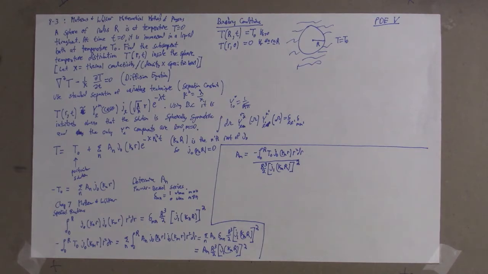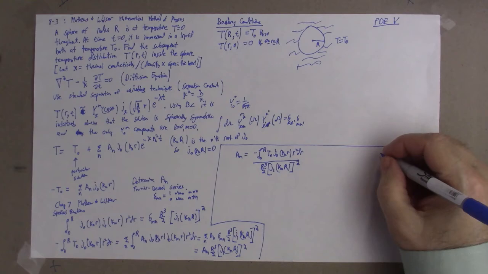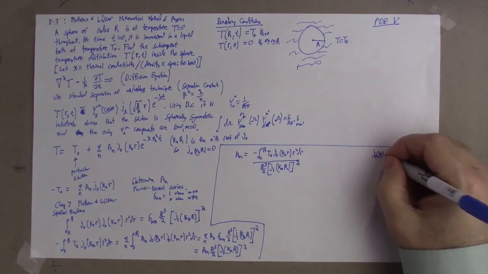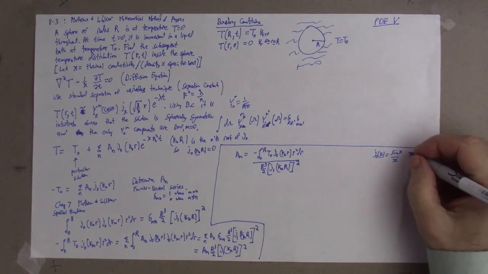Okay, so now we'll use some properties of the Bessel functions, which I alluded to in the previous couple of videos. First of all, J0 x is equal to sine x over x. So the mth root is m pi.